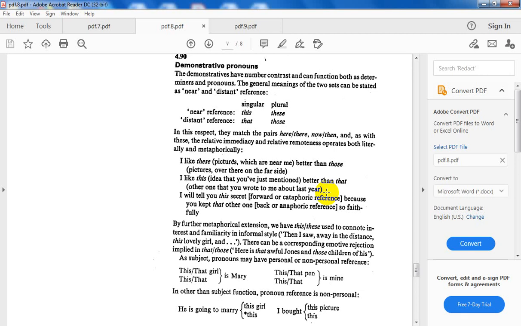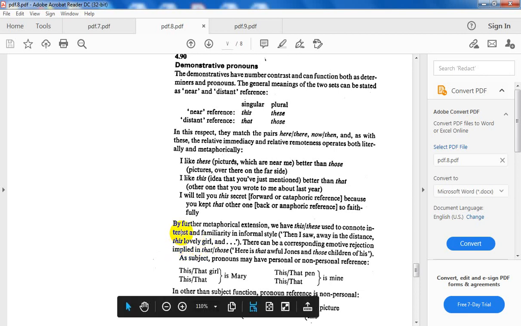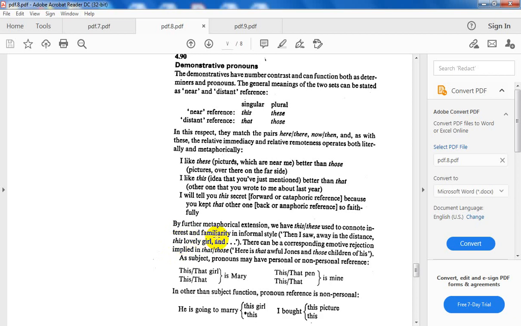By further metaphorical extension, we have this with these used to connote interest and familiarity in informal style. Then I saw away in the distance this lovely girl. This should be near, but here the meaning is not real. This is not demonstrative; it is some sort of familiarity in informal style.